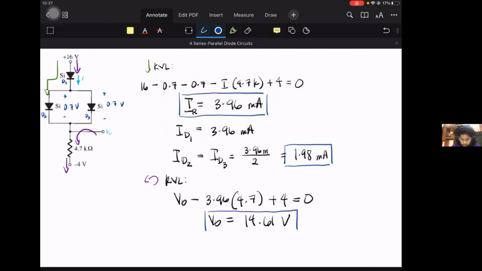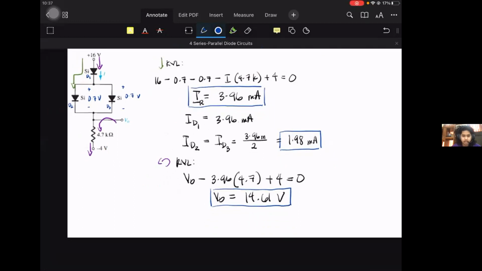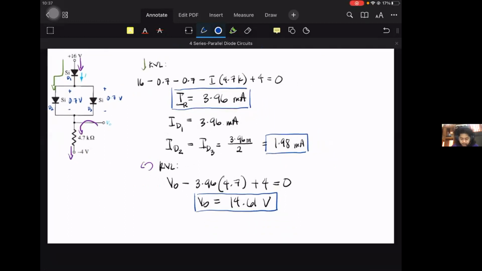Is this correct? Yes po, sir. 14.6. Kung alternative ta nga solution sa taas ng KVL, it's 16 minus 0.7 minus 0.7 minus VO equals 0.